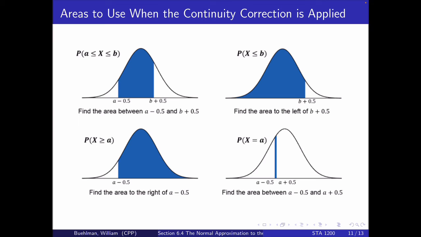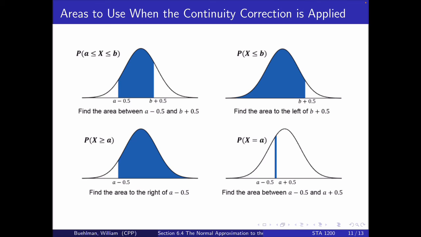It can be difficult to know what to do with these continuity corrections, so this is kind of like a cheat sheet. When the probability of A is less than or equal to X, which is less than or equal to B, we're going to go from the left of A and to the right of B. So we're going to take A and subtract 0.5 from it, and B, we're going to add 0.5, and that'll include A and B. If we want just less than B, we're going to add 0.5 to B and go to the left of that.